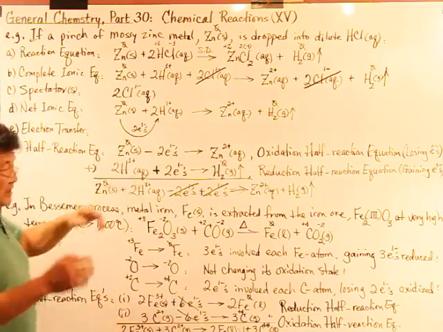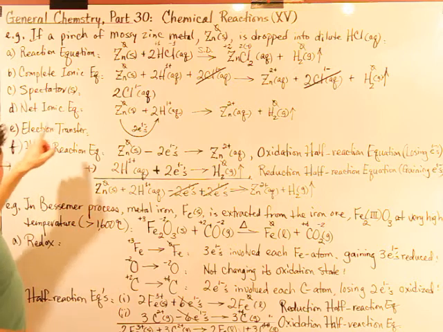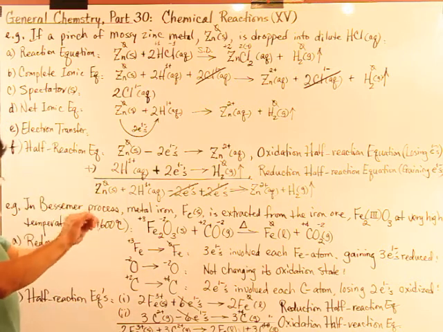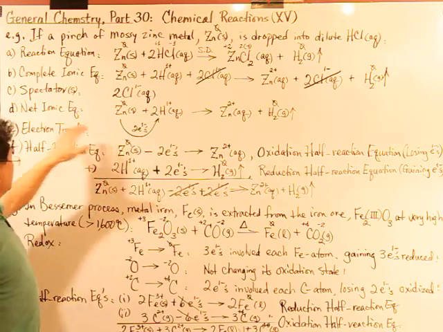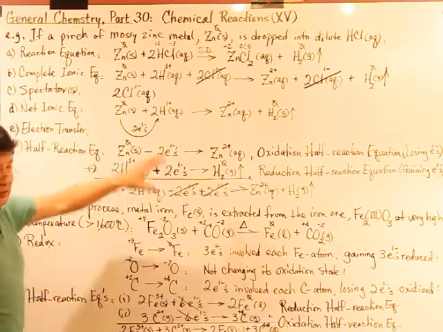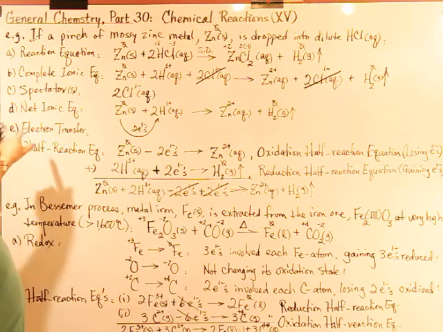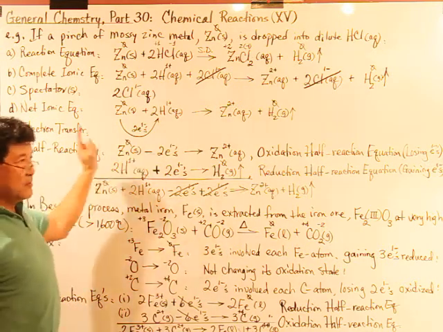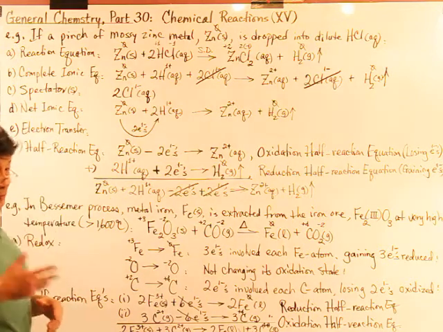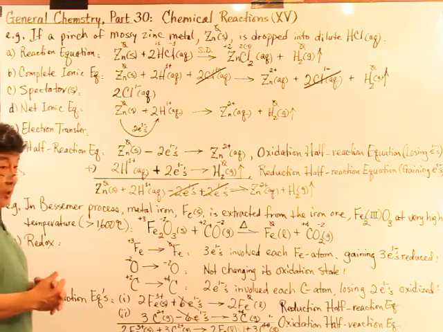If they do have spectators, you can cancel them. Then write up the correct net ion equation, and the last part asks if it's a redox, and how many electrons were transferred from who to who. That's another concept we already talked about and tested, and it's in the homework as well.